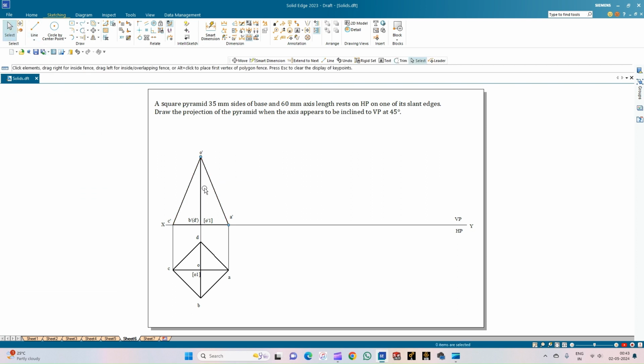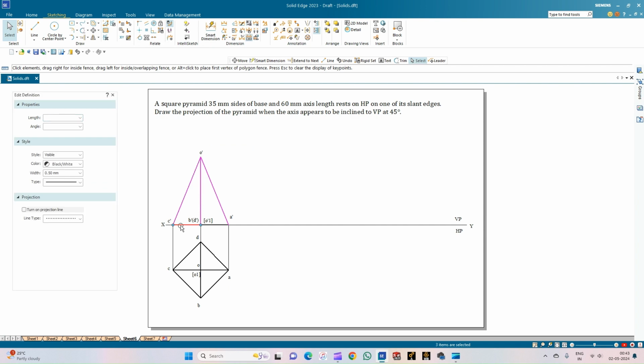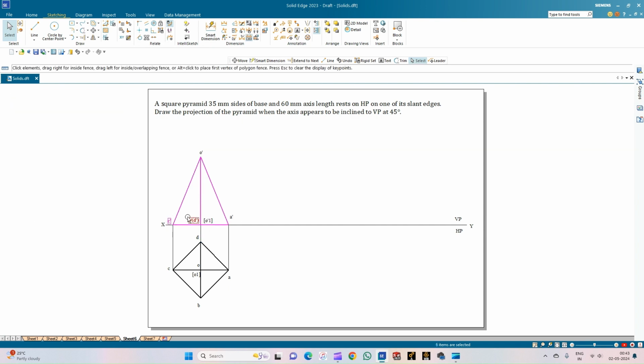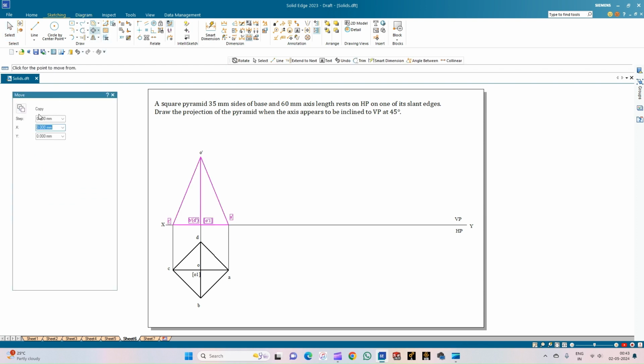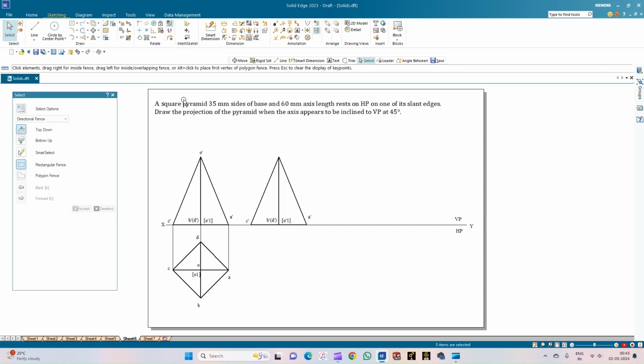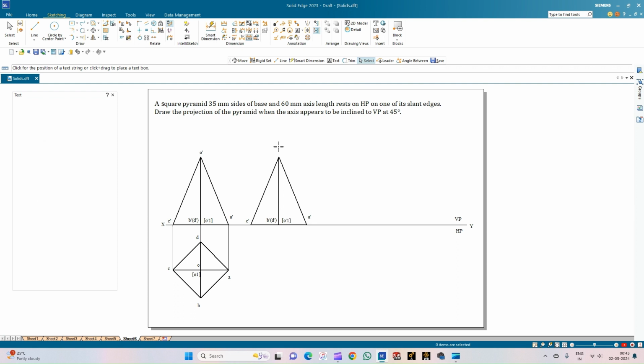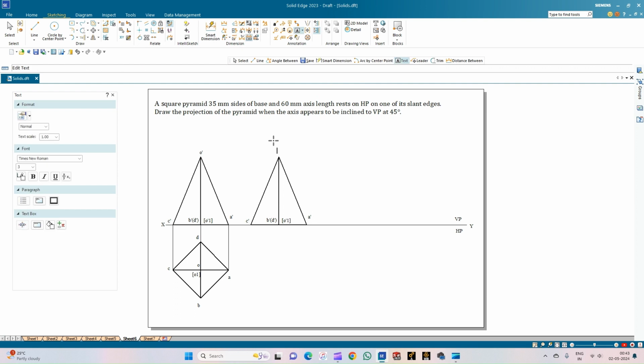Next, let us reselect the pyramid along with the annotations, and then try to move the pyramid first by creating a copy of it. Let us keep the point A dash as a fixed point, and then let us rotate this. Here the apex was not selected, so let us annotate this O dash.